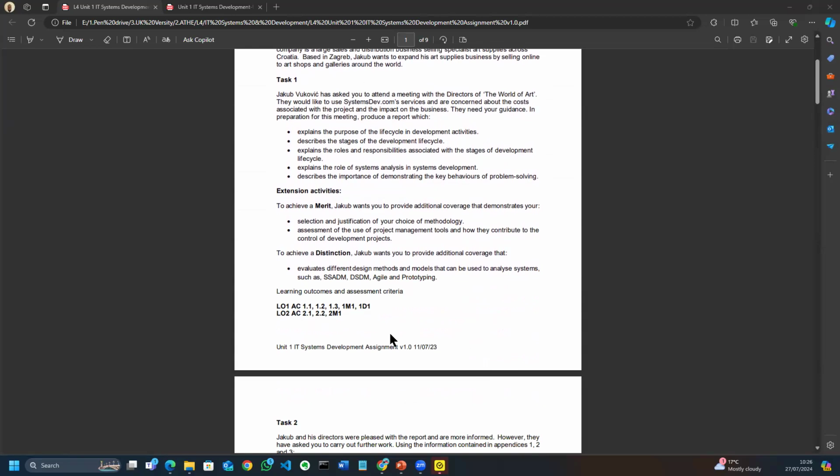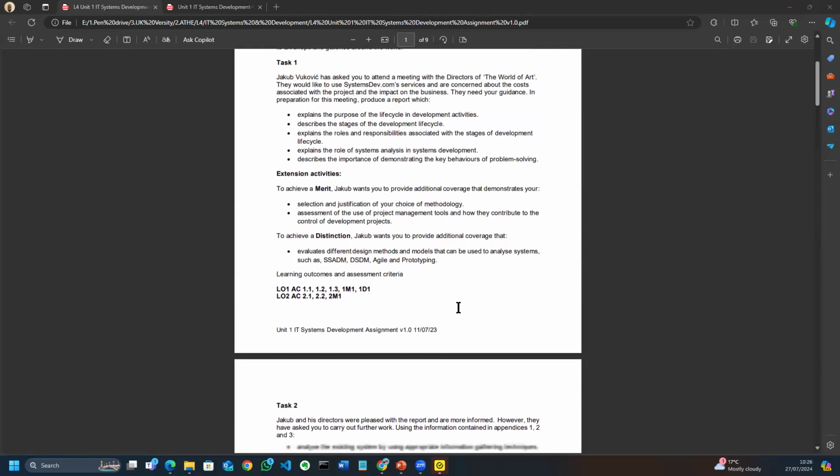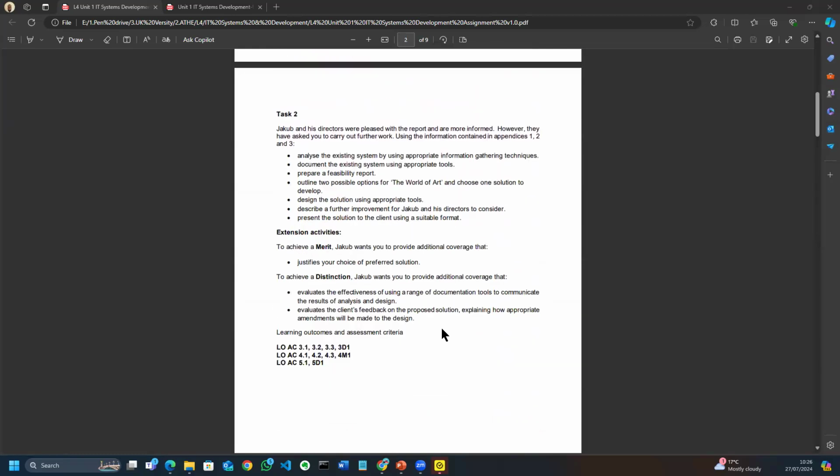So task number one obviously has to be a presentation. Sorry, it has to be a Word document report. And task number two, depending on what you prefer, if it's more suitable for you to put in a PowerPoint, this can be done.